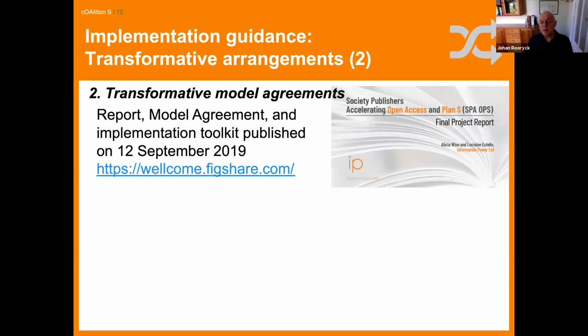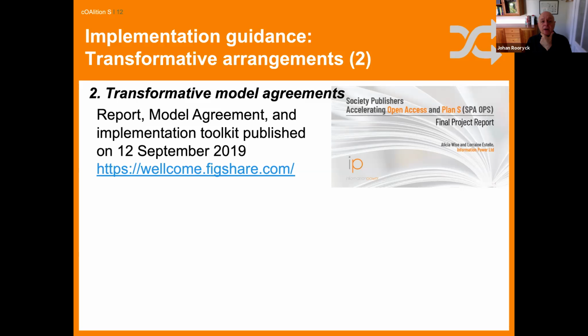The second transformative arrangement is what we call the transformative model agreements. These are agreements between smaller publishers, namely society publishers. Society publishers very often have only one journal or maybe 5 or 6 journals that they publish, and it's very hard, of course, for them to negotiate with library consortia to get simple transformative agreements.